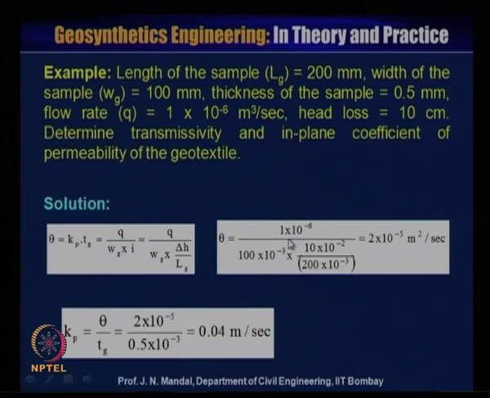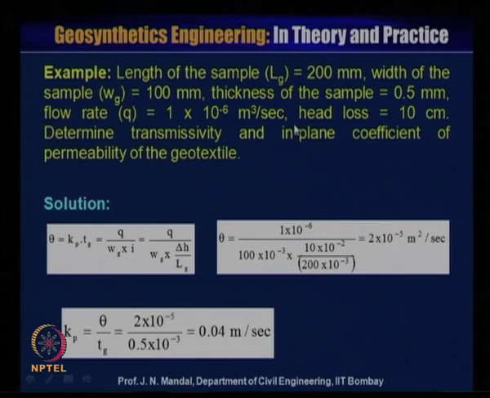So, theta is equal to Q, which is 1 into 10 to the power minus 6, divided by Wg. Wg is the width of the sample, 100 millimeter, so in terms of meter, 1 into 10 to the power minus 3, into delta H, the head loss of 10 centimeter, that is 10 into 10 to the minus 2 meter, divided by Lg.